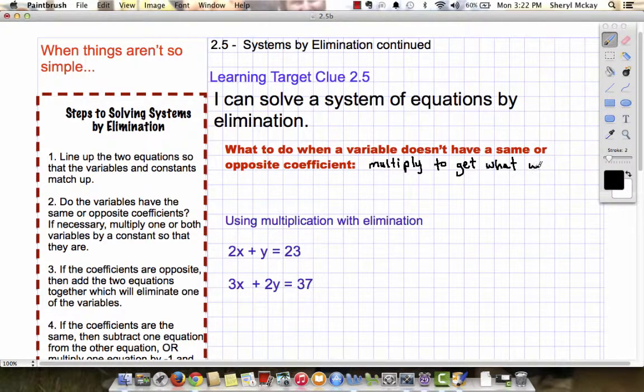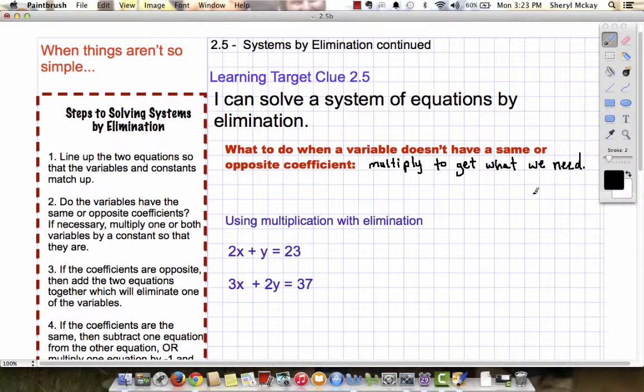All right? So what we need is two variables, the same variable in each of the two equations to be opposites. That's what we need. So we're going to multiply to get what we need. So let's go ahead and do an example.